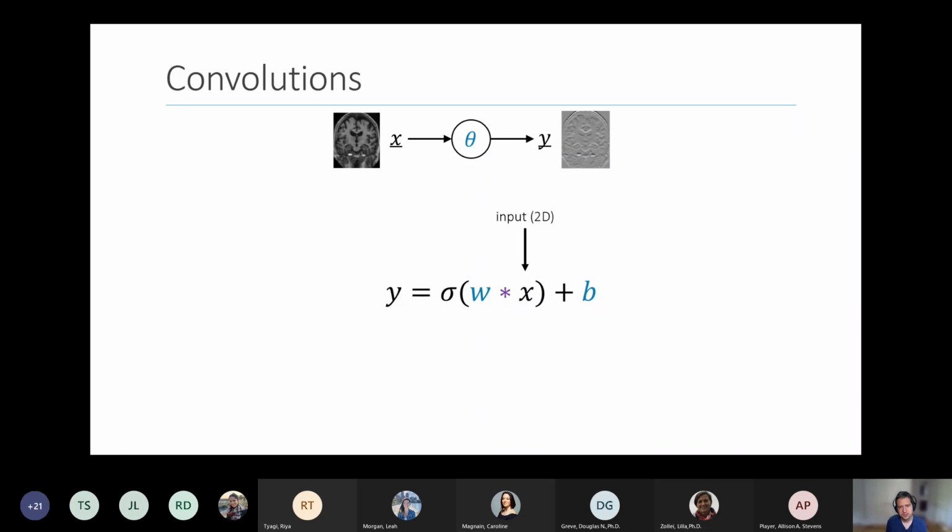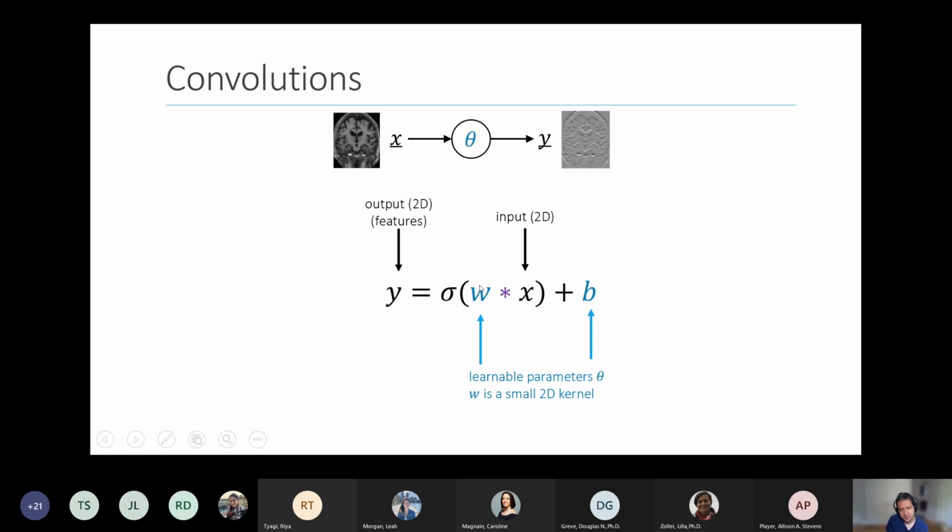The input is X, except here it's a 2D image, or it could be 3D or 4D, but basically it's not a scalar. The output is also a 2D image, which we sometimes call a feature. You have the same idea in terms of what is learnable: these weights, W, and the bias term.